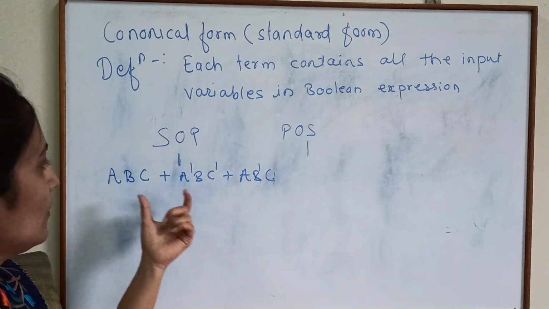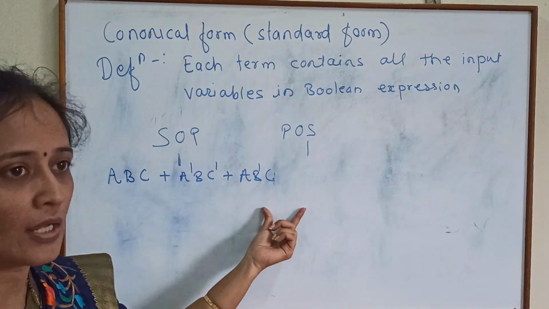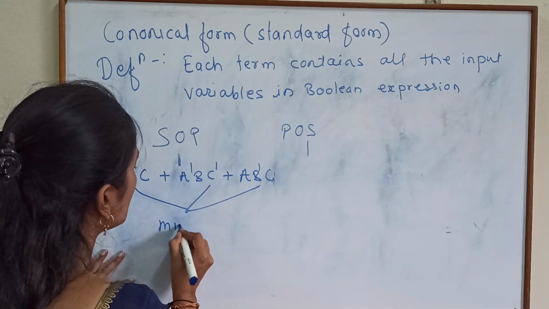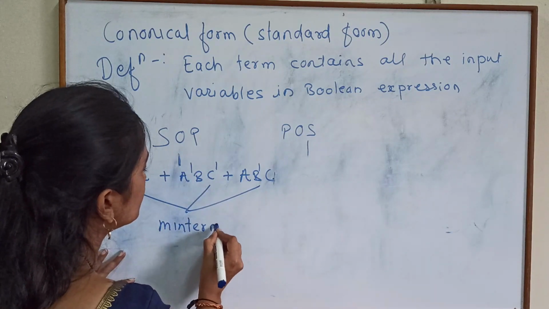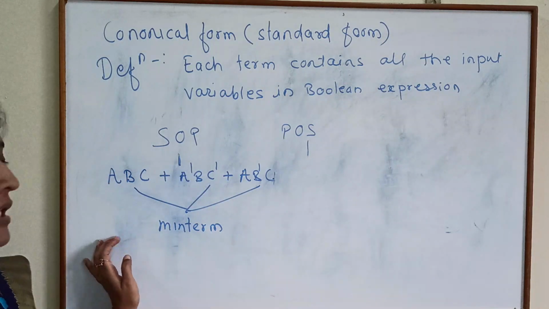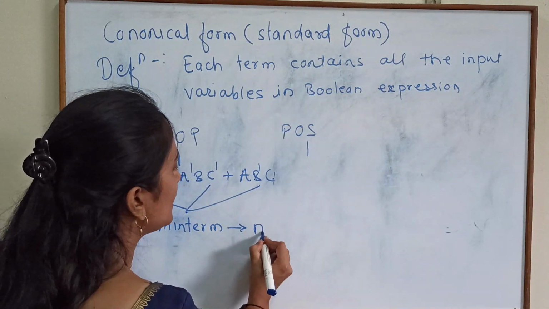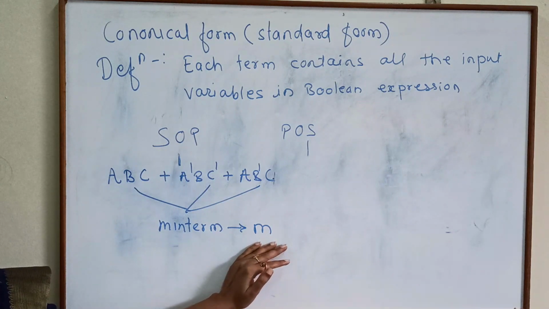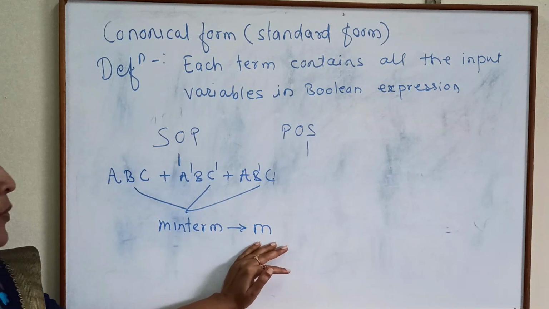This is the example of sum of product. Each and every term is called as a min term. It is called as a min term and it is represented with a small m. These are min terms. Those are represented with a letter small m.